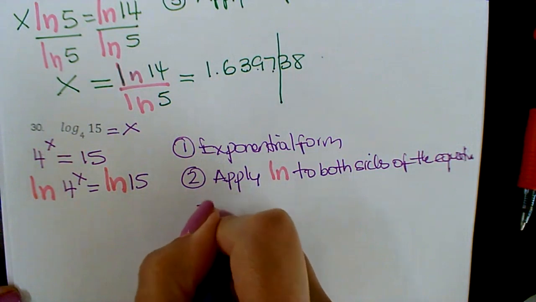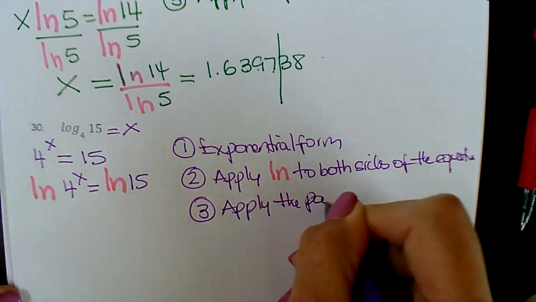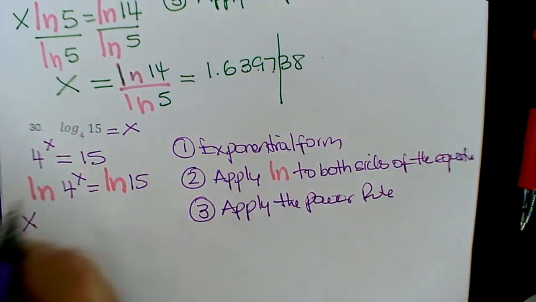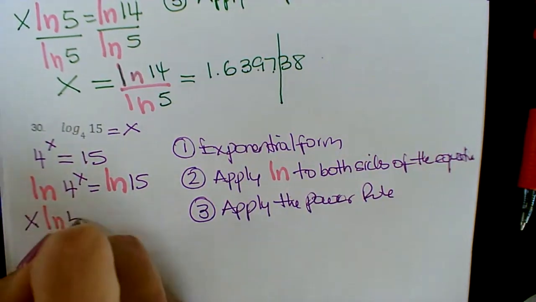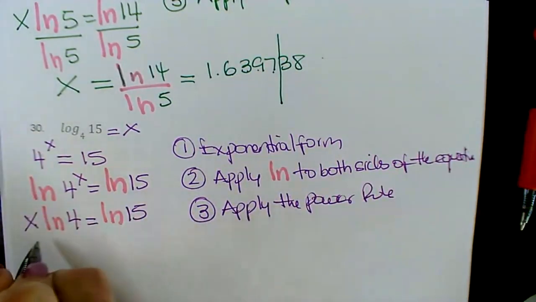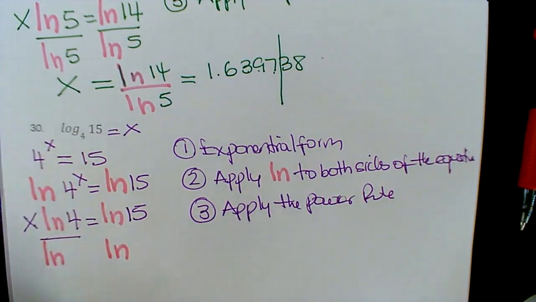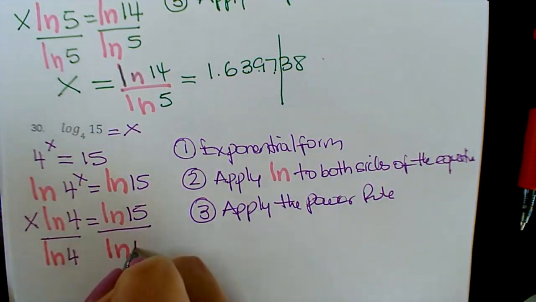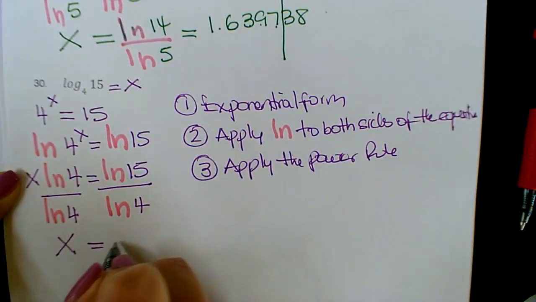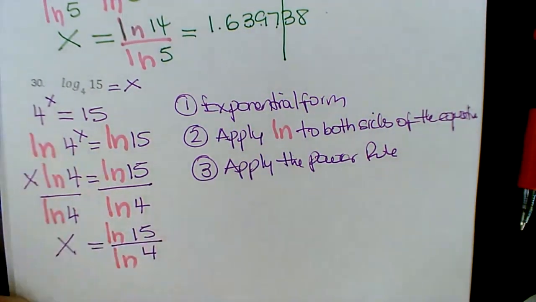The power rule. So it's going to be x times ln 4 is equal to ln 15. Now what do I do? Divide by ln 4. I need to solve it for x. So x is equal to ln of 15 divided by ln of 4.